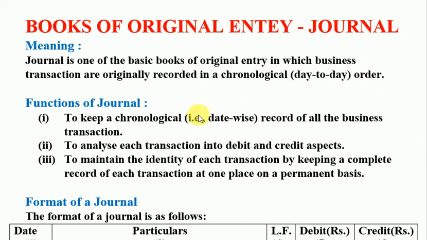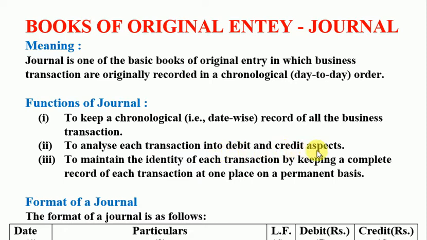Now comes the functions of journal. First one, to keep a chronological, that means date-wise, record of all the business transactions. Now comes the second one, that is to analyze each transaction into debit and credit aspects.